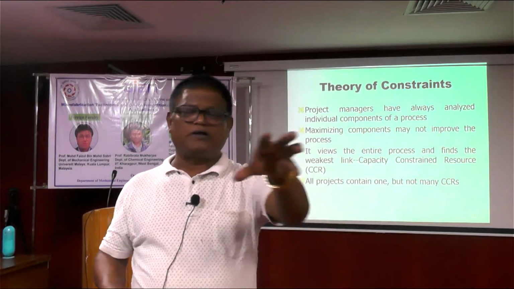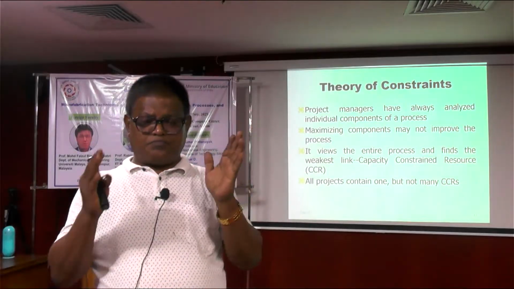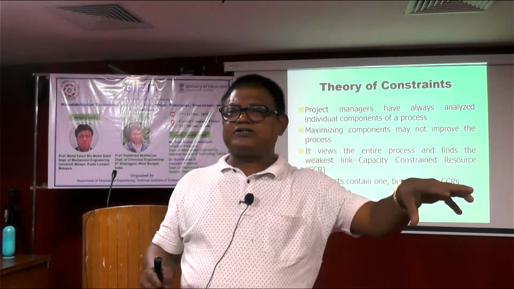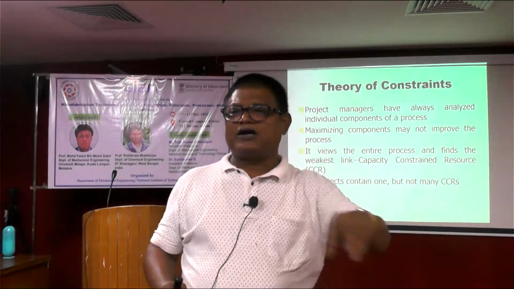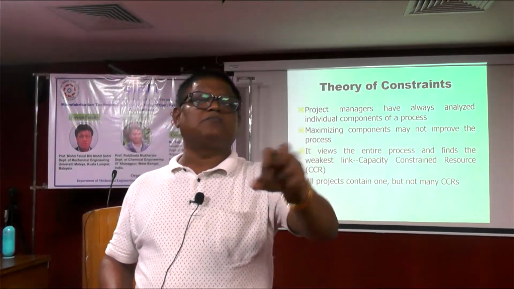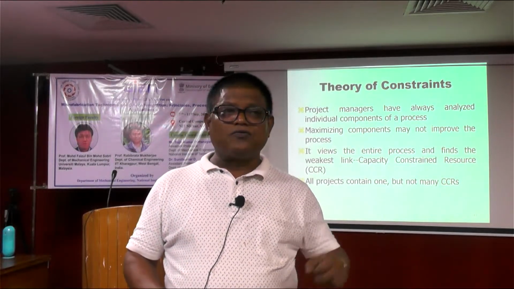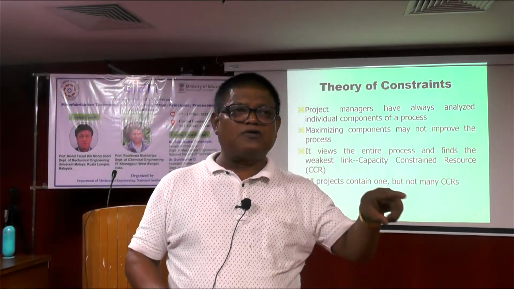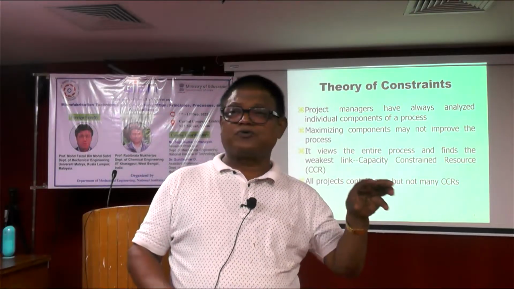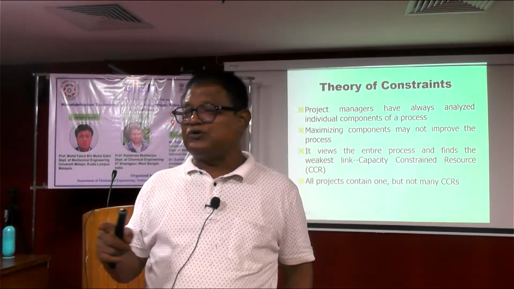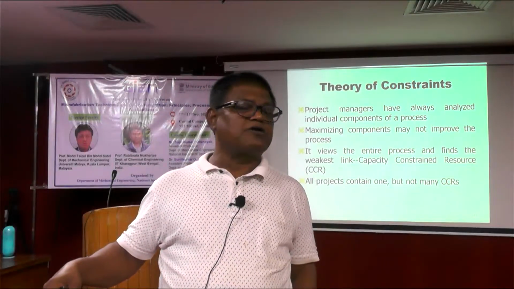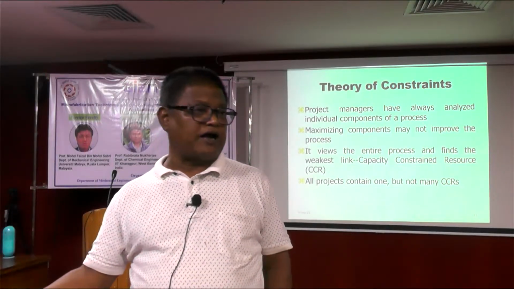Suppose I have got 5 machines. In a single 8-hour shift, one machine runs for 6 hours, another machine for 5 hours, another machine for 3 hours, another machine is 2 hours. So the one which is running for 6 hours, it is a very stressful condition. But we are not able to utilize the one which we are using for only 2 hours, because the rest 6 hours it is becoming idle.